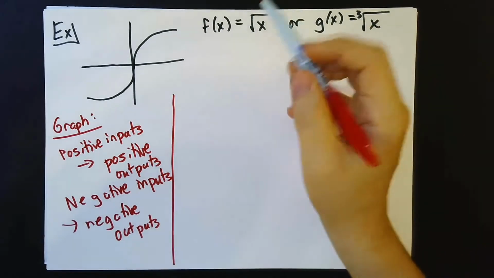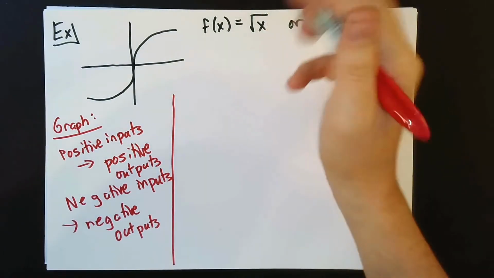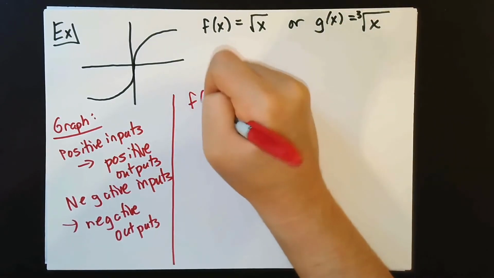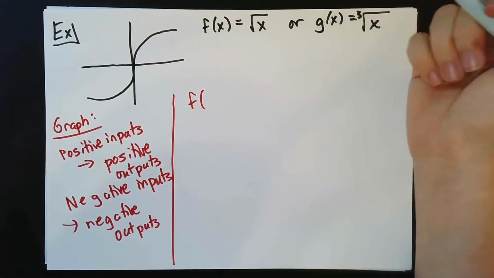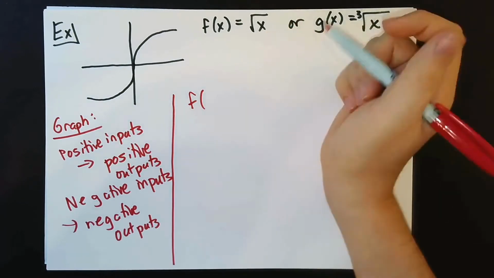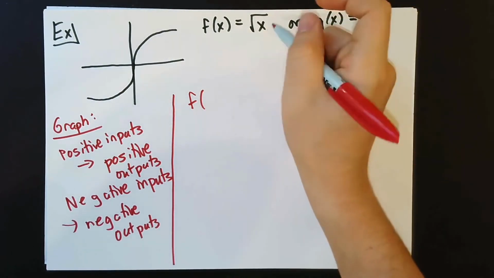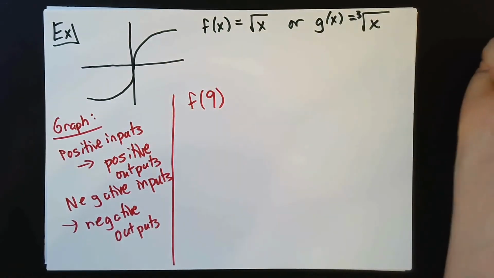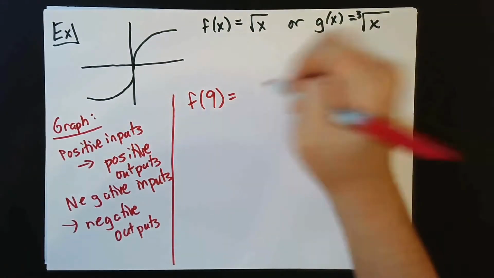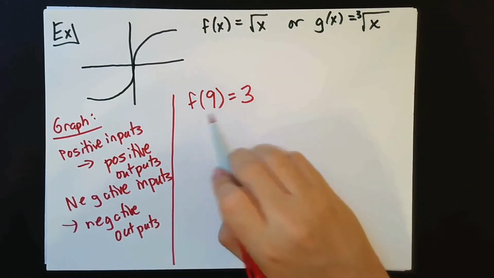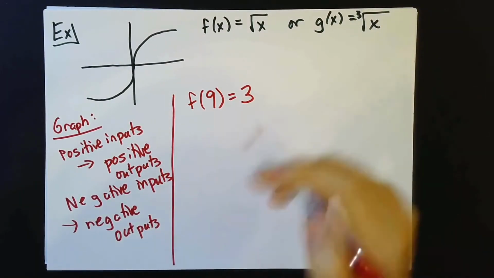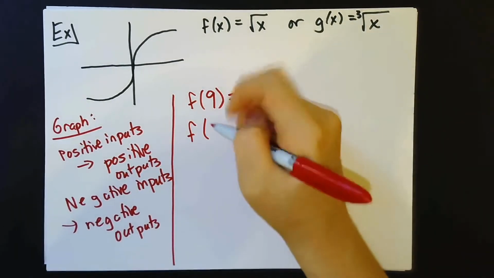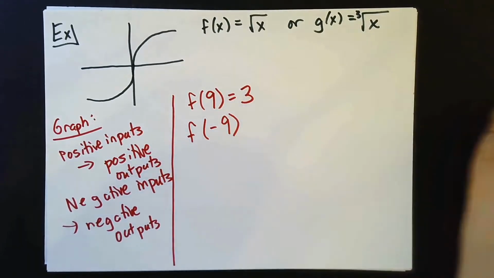And so if we look over here at f, if I go to put in a positive number to f, so something like, let's see, what's a positive number I'd like to evaluate this function at? 9. f(9) here is 3, because the square root of 9 is 3. What if I take f(-9)?